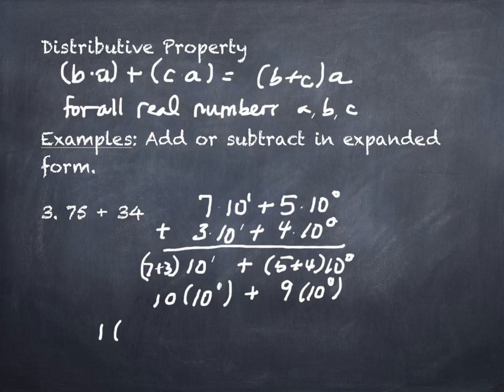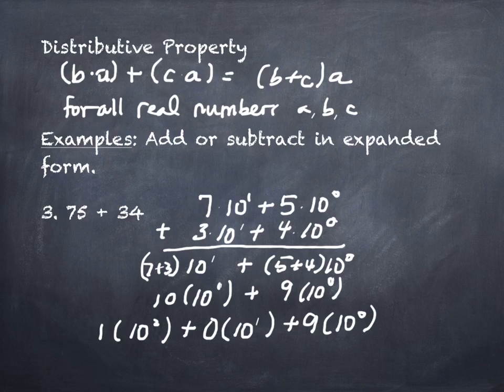So this is 1 times 10 squared. And then we have 0 times 10 to the first. And then we have our 9 times 10 to the 0. Written in condensed or simplified form, this is 109. You could verify that very quickly by adding 75 and 34, and you get 109.